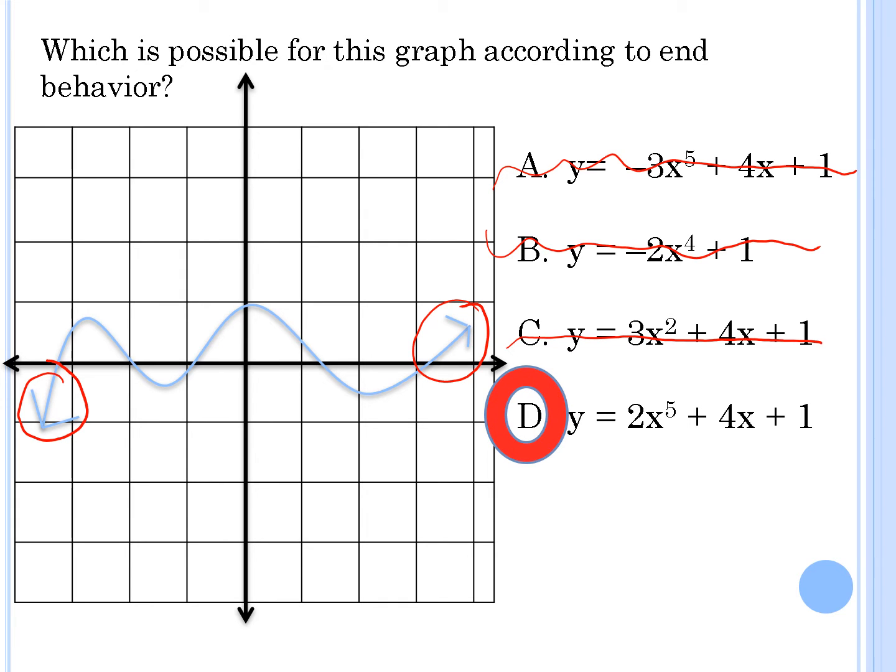But let's just double check if this is right. One more thing. Let's look at the turns. If this is right, I'll only have a maximum of 4 turns. So there's 1, 2, 3, 4. I only have 4 turns, so that works. D is my choice.